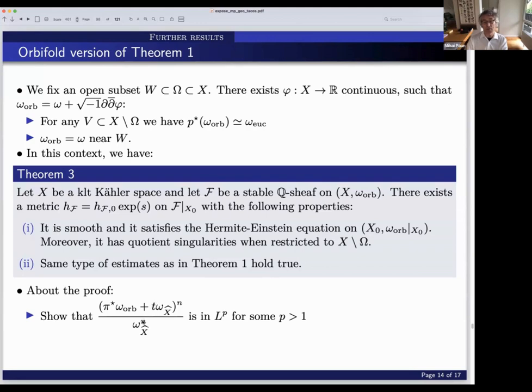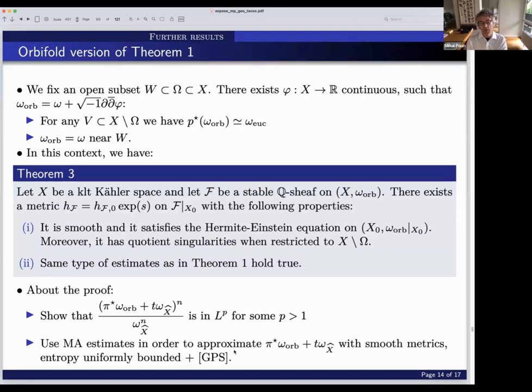That's the main property of this metric, which allows us, first of all, to approximate this using Monge-Ampère theory, and then to apply again the result of Guo, Song and Sturm in order to get the same estimates as before, uniform for the approximation, and then ultimately to take the limit.